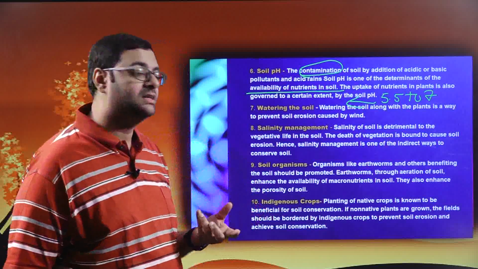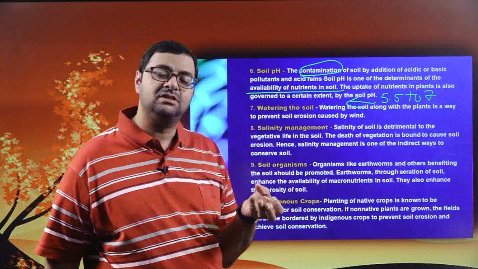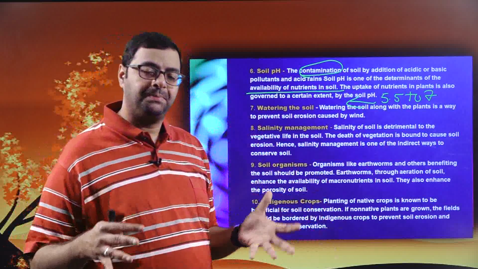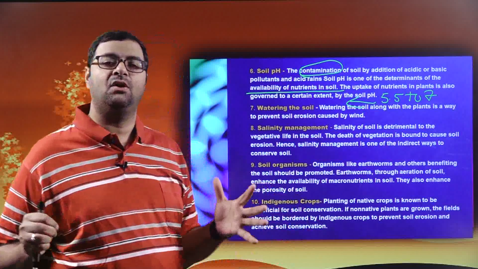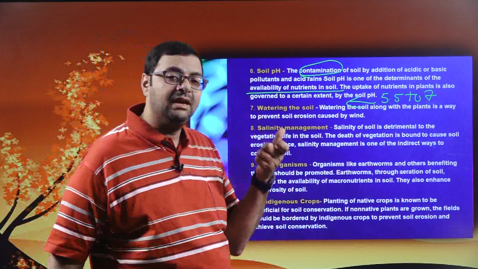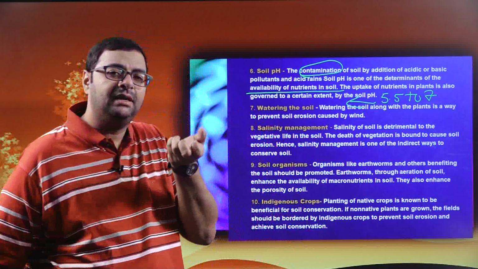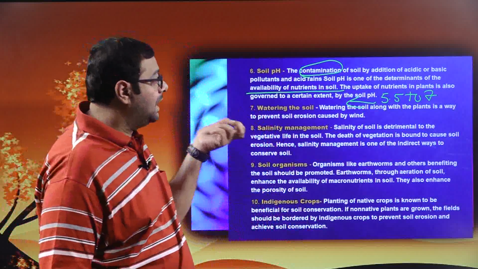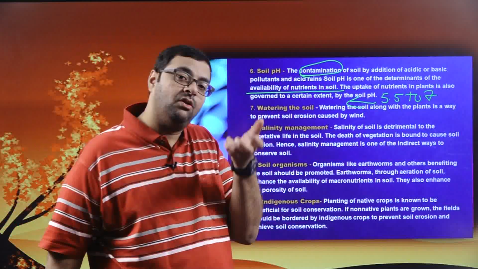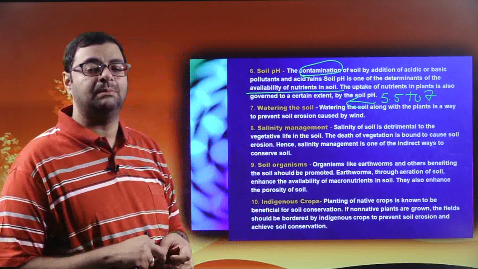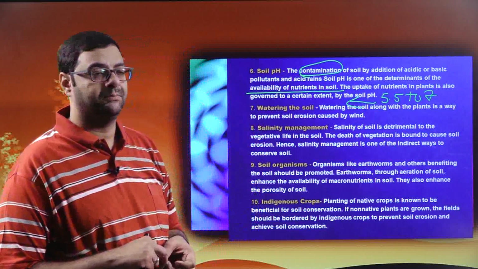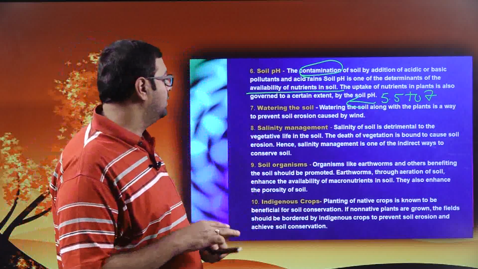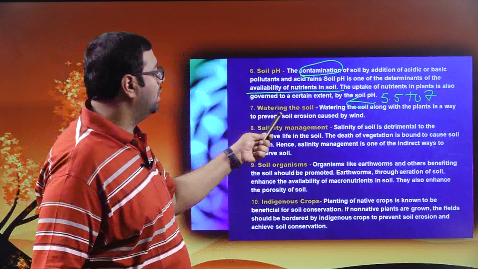Because the microorganisms which help the plant to absorb nutrients will behave in such a way that, because of the pH, the plant will not be able to absorb them through the roots.